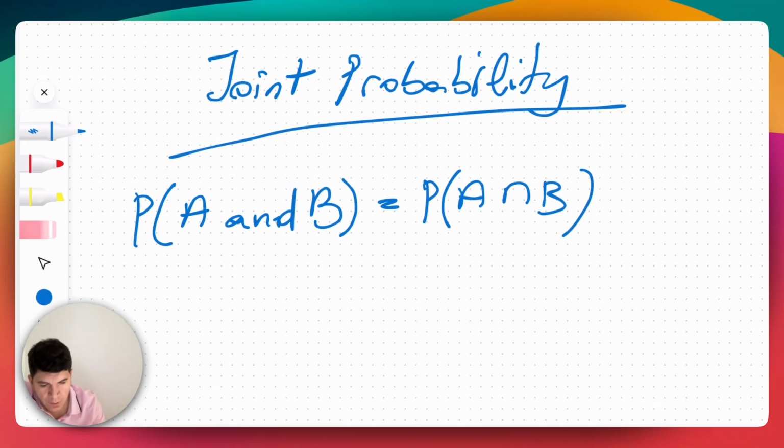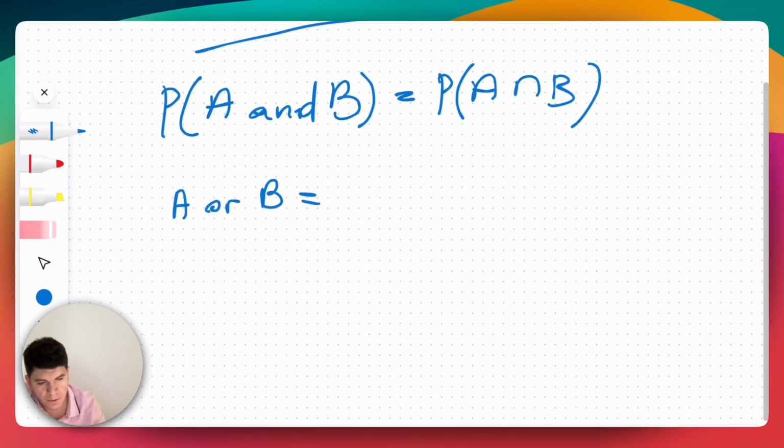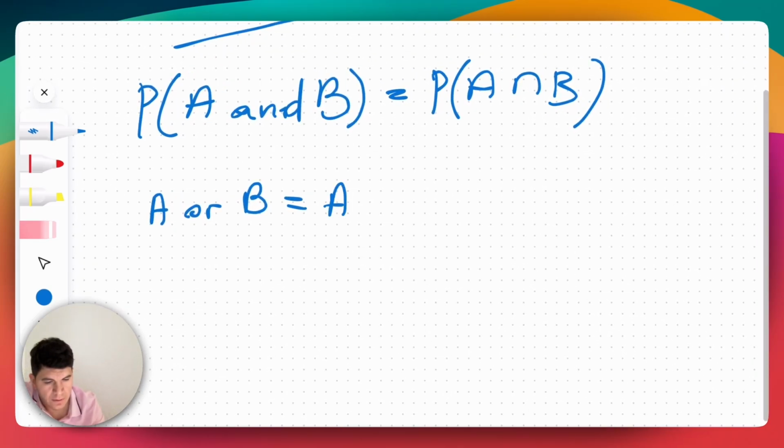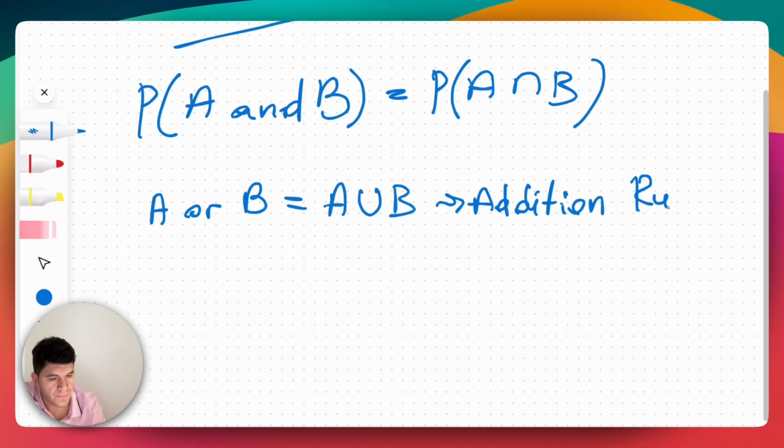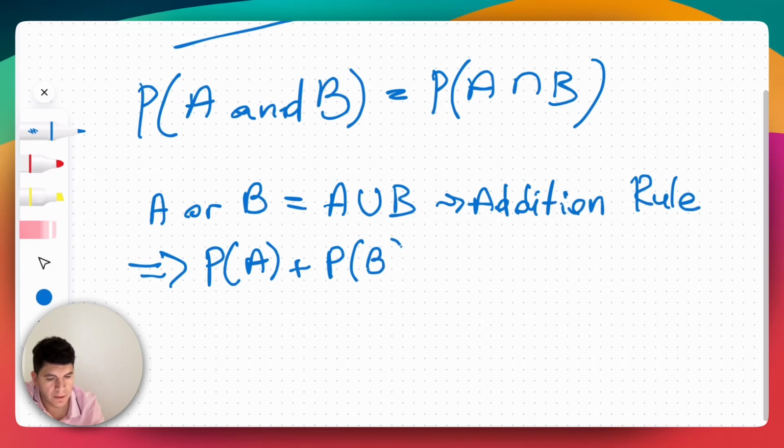So you remember from our earlier videos, when we said A or B, which is also kind of a union probability, we write it down A union B. Here we use the addition rule, okay? Do you remember the addition rule? How did we calculate it? So this is equal to the probability of event A happening, plus the probability of event B happening.